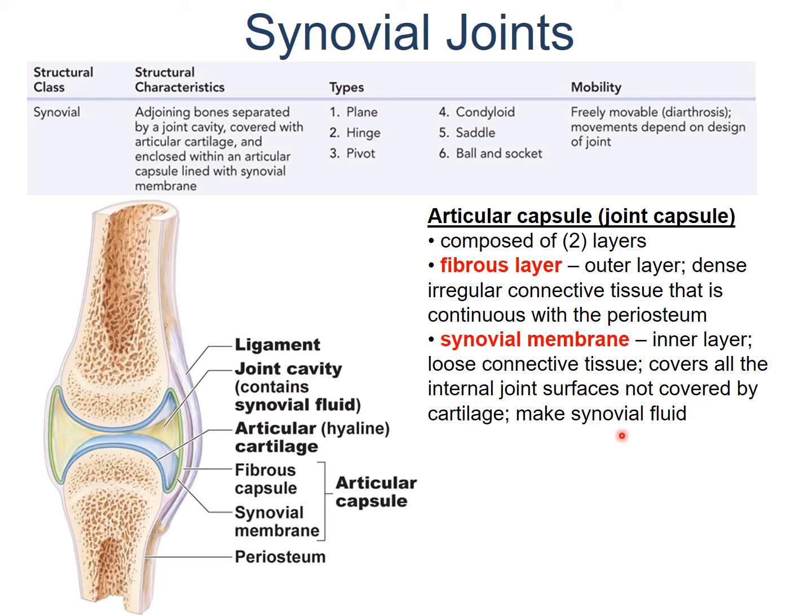When the synovial membrane makes the synovial fluid, where does the synovial fluid go? The synovial fluid, as it leaves the synovial membrane in green, moves into this space that is called the joint cavity. And if you follow the little line on up, the joint cavity contains synovial fluid. So there would be fluid all up in this space right here. Okay?